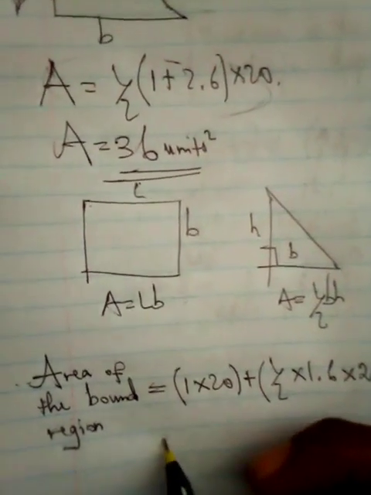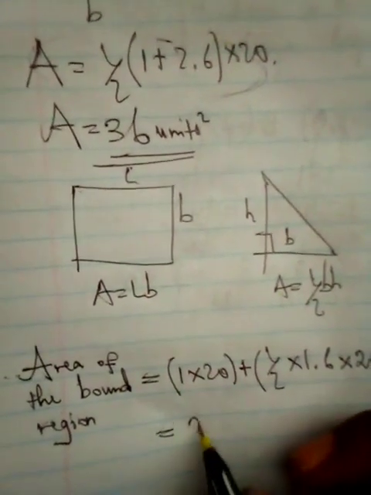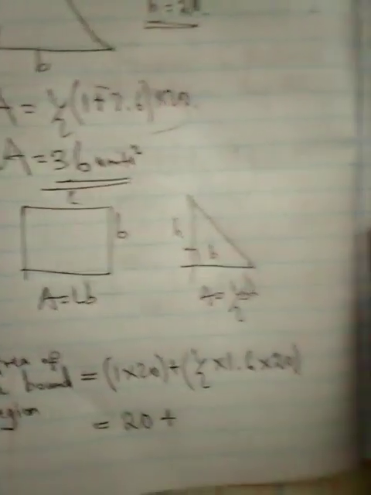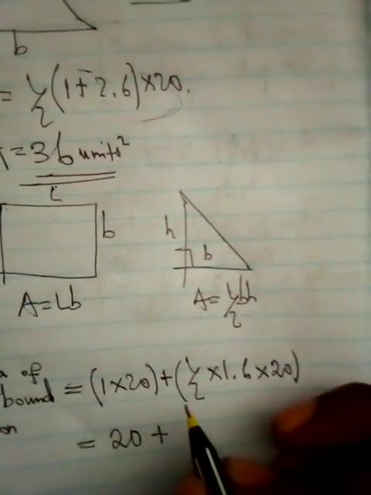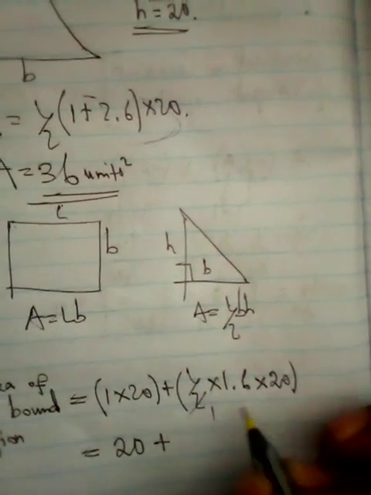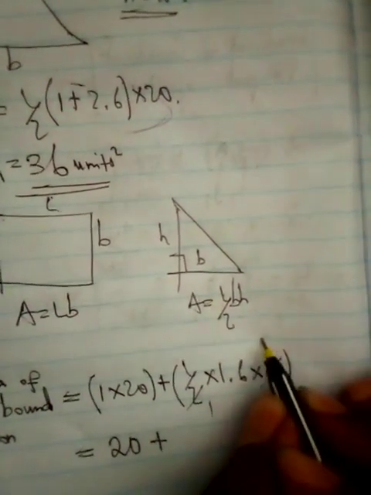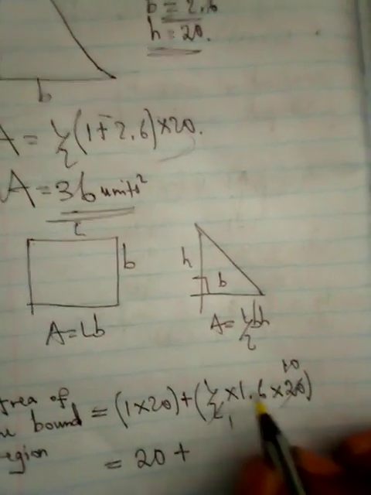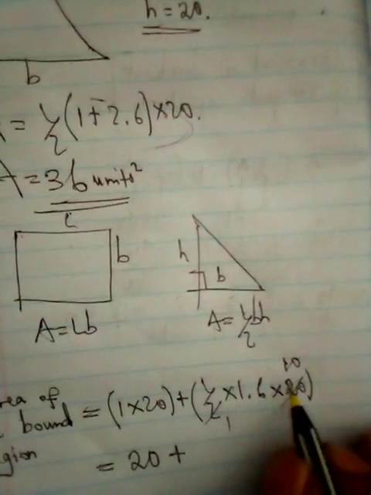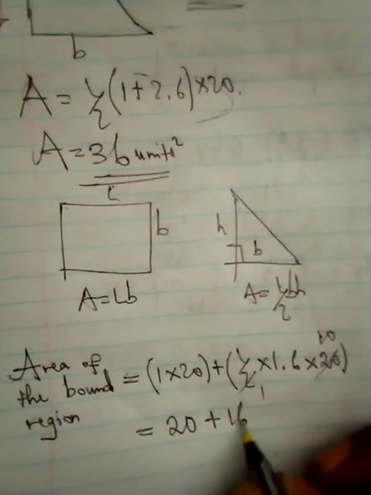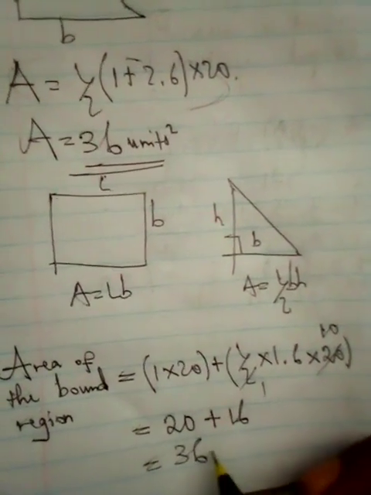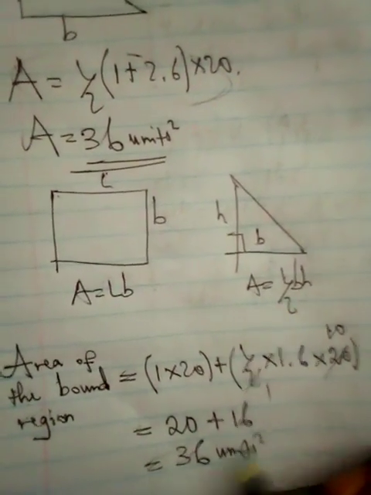Let us try to work this out. 1 times 20 is just 20, plus, let us just use our brains: half of 20 is 10, so 1.6 times 10 is just going to be 16. And 20 plus 16 is still going to be 36 units squared.